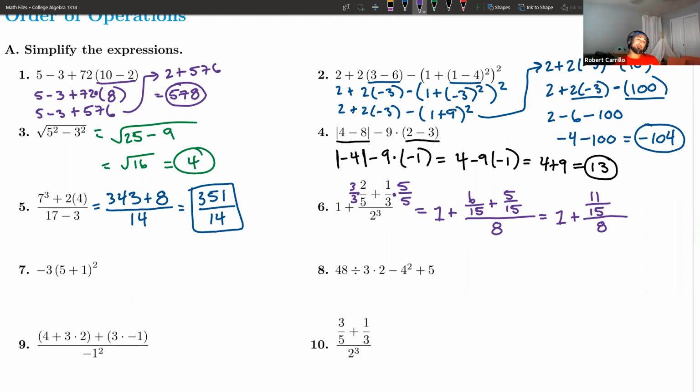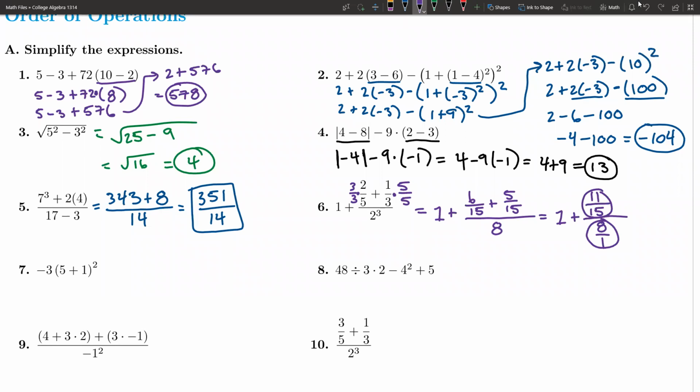But now we have to fix this. We can't leave it like that. What we're going to have to do is change this 8 into a fraction. Remember, you can change any number into a fraction as long as you put it over 1. Now, when you have a fraction over a fraction, you will multiply by the what?